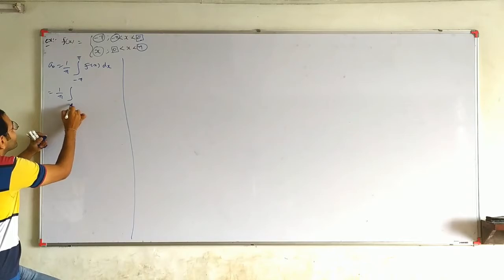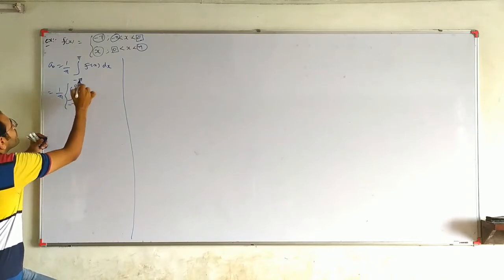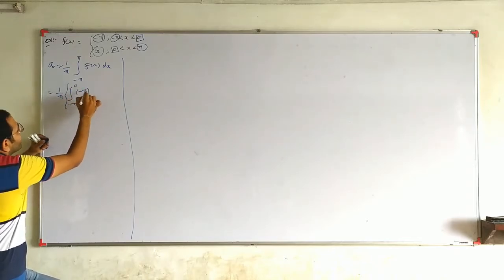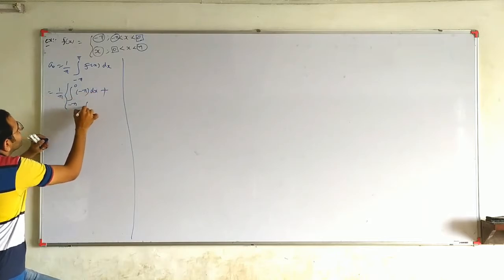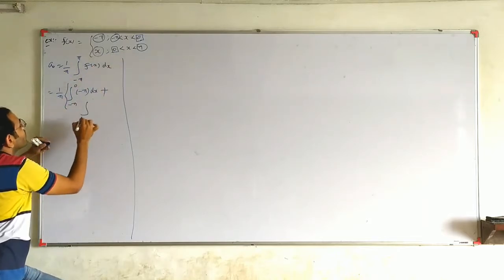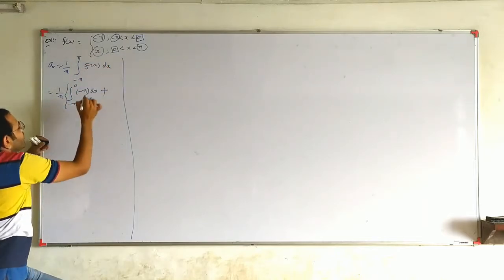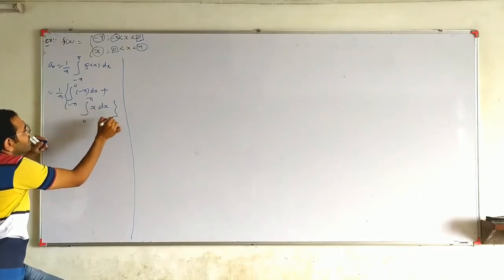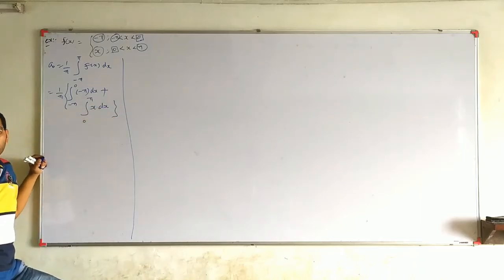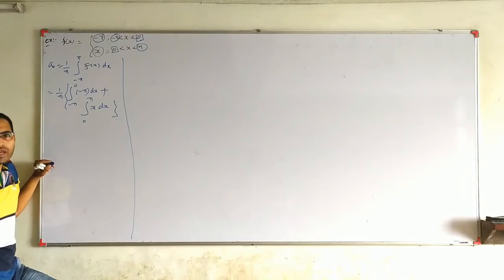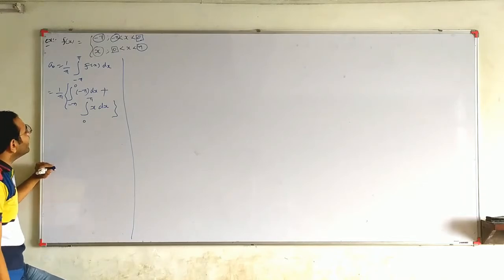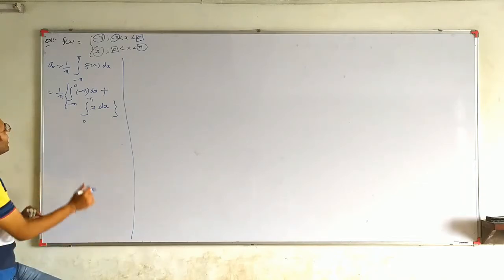The first limit is minus pi to 0, where the function value is minus pi, plus 0 to pi, where the function value is x dx. In this type of example we must break the limit of integration and solve.